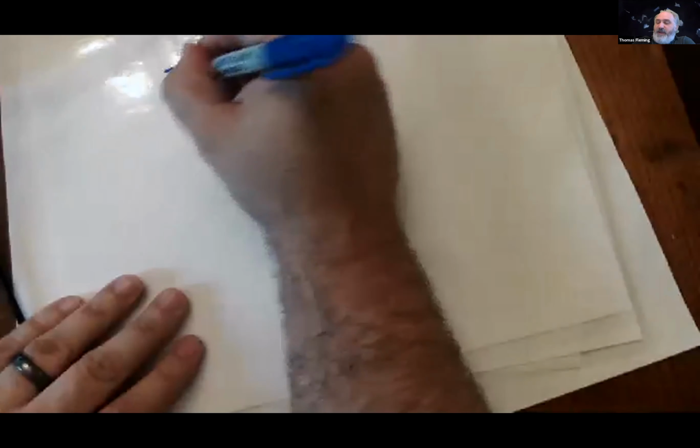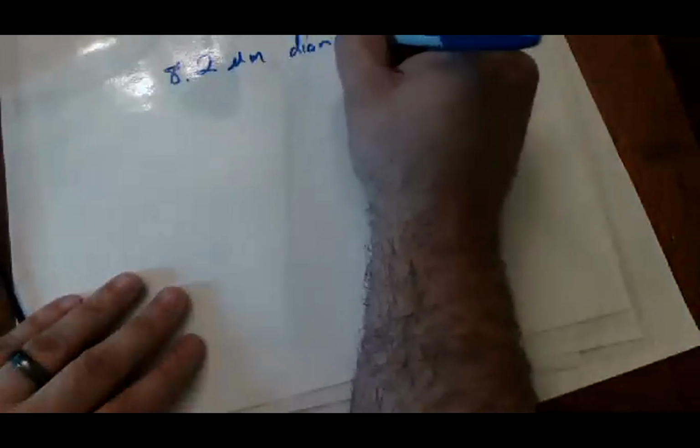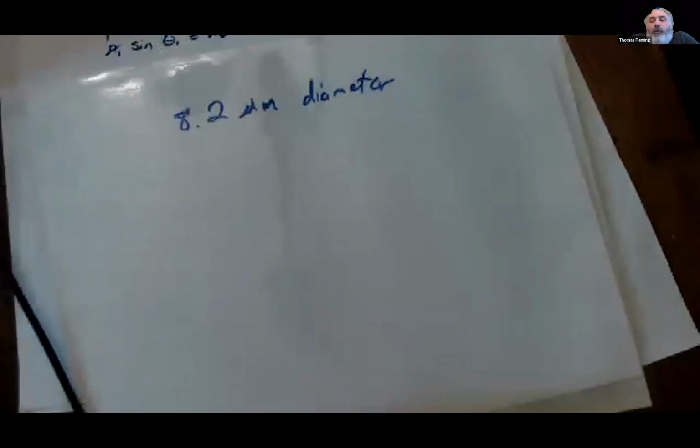So I've got a red blood cell. Let's call this thing 8.2 micrometers in diameter. So based on that, what wavelength of light should I use to observe that? Assuming that I need a wavelength of light that is comparable to the size of the thing that I'm measuring.